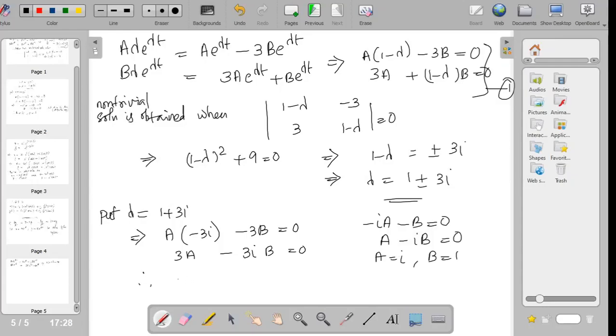So therefore x is equal to i e raised to 1 plus 3i t, and y is equal to e raised to 1 plus 3i t. So that is the solution in the form a e raised to lambda t and b e raised to lambda t. And now we will write the real and imaginary parts.